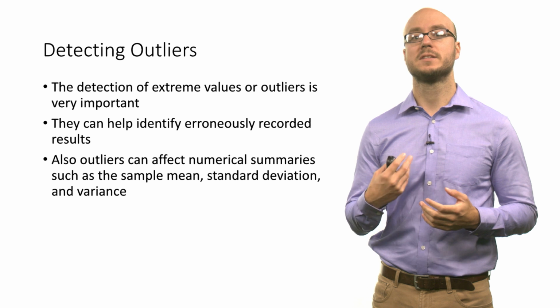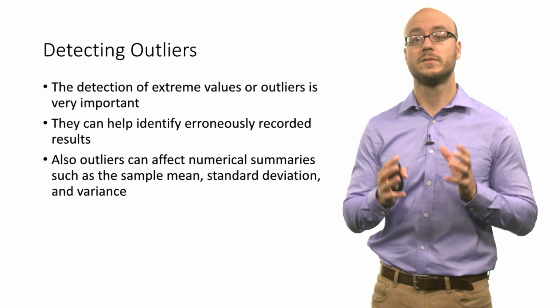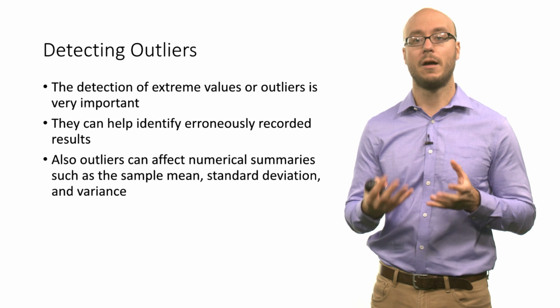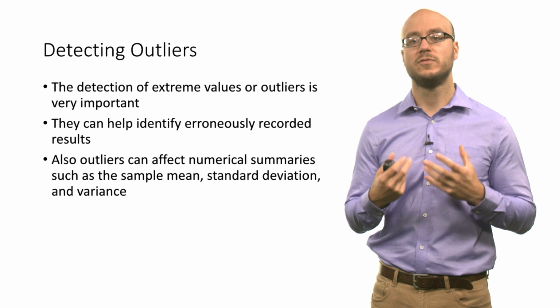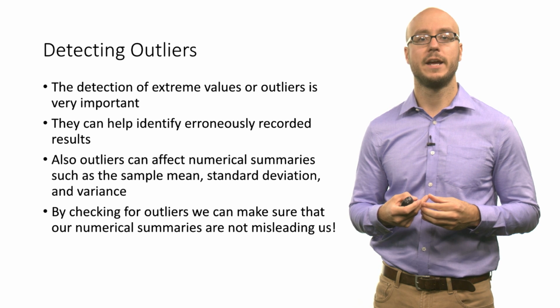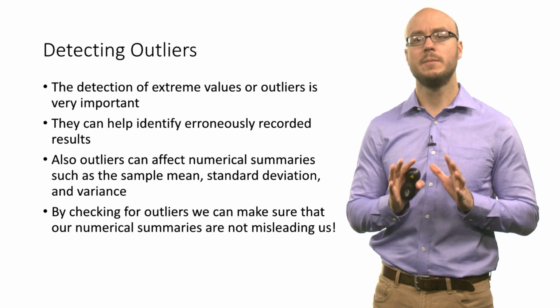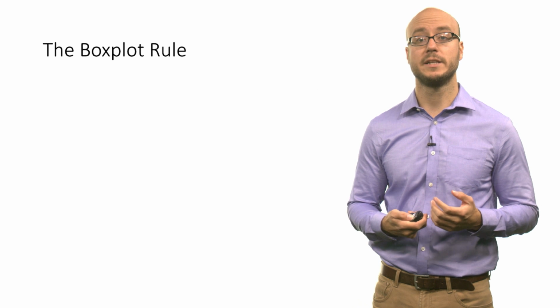So the sample mean, the standard deviation, the variance, all of these are sensitive to an extreme value, to an outlier in our data set. So identifying outliers is very important when we're trying to understand a set of data. The key point is that we want to make sure that these measures are not misleading us.